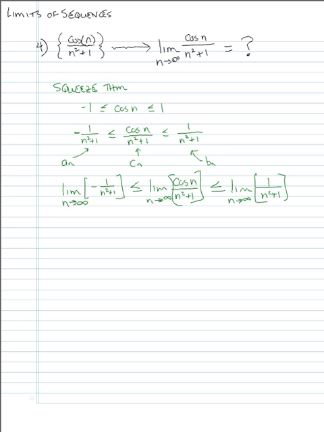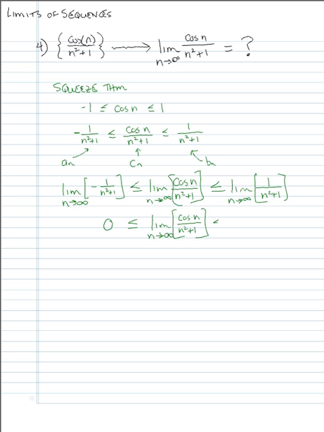We could do it other ways, but we have recognized that. So the limit of -1 over n squared plus 1 as n goes to infinity is 0. So 0 has got to be less than or equal to the limit that we're looking for.